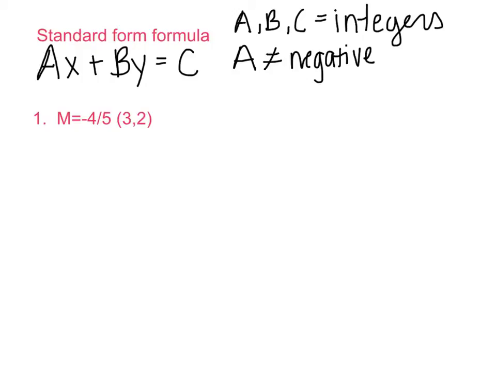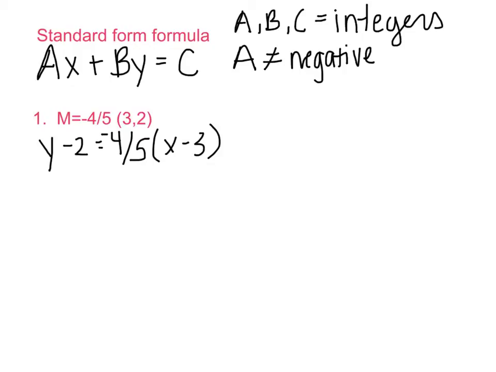So let's look at this first one. We are going to use that formula we just used first. So y minus 2, let's write that a little better. y minus 2 equals negative 4/5 of x minus 3.